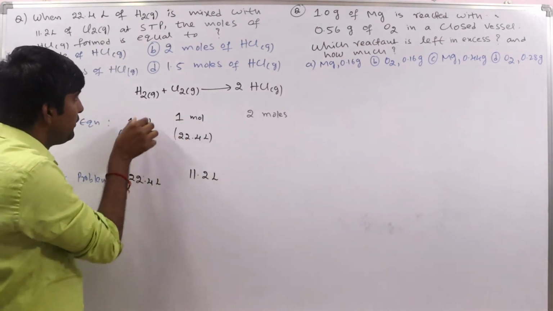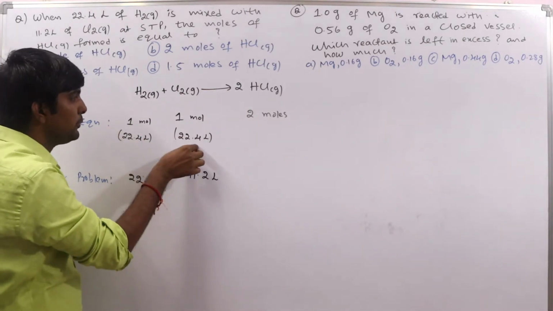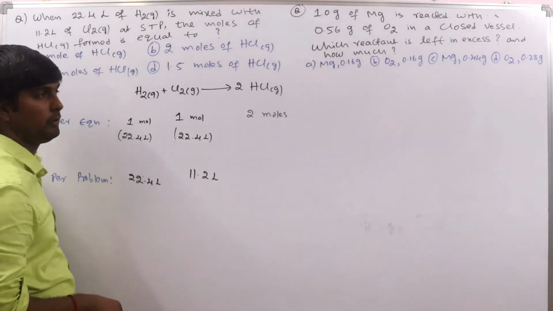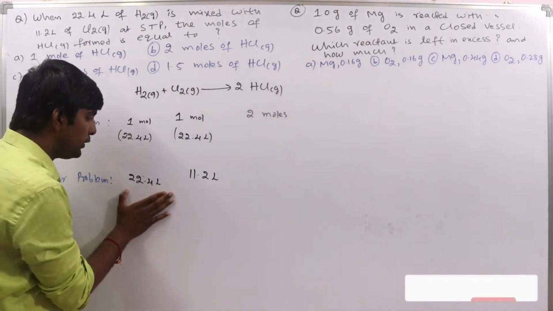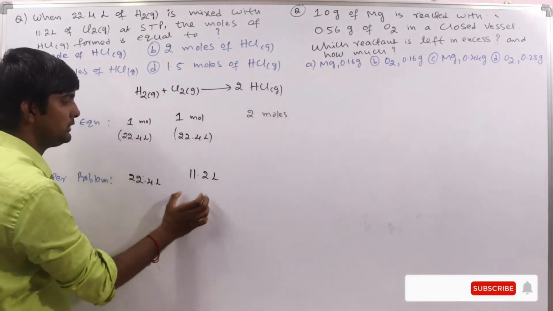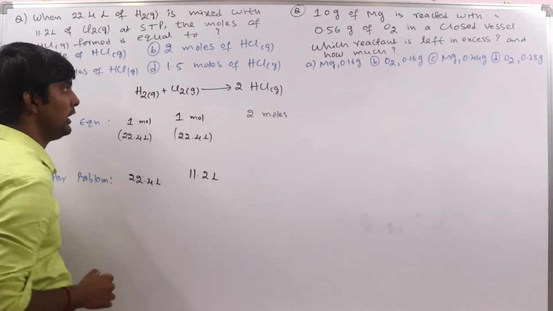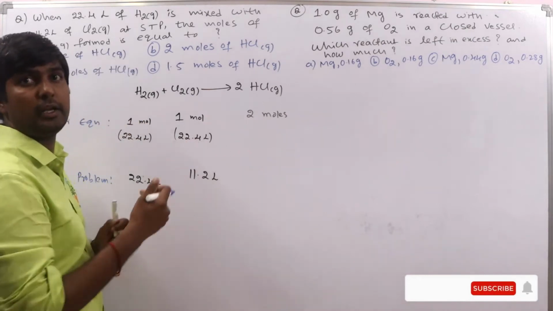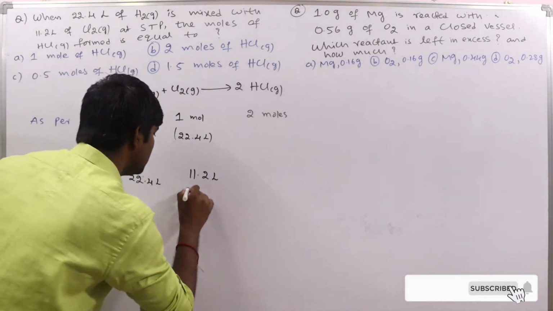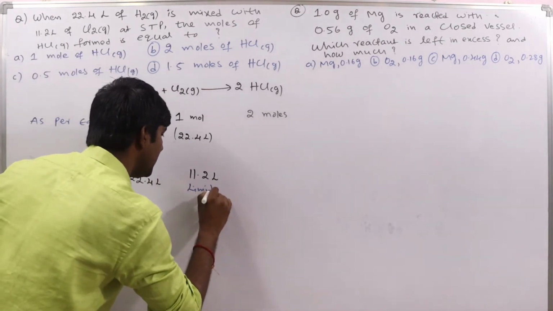For 22.4 liter of hydrogen, we need 22.4 liter of chlorine for the complete reaction. But here, for 22.4 liter of hydrogen, just 11.2 liter Cl2 is provided. This is less than the required quantity, so that's why this is the limiting reagent here.